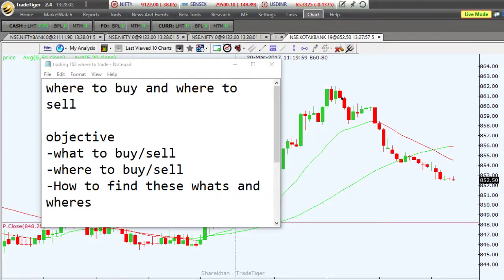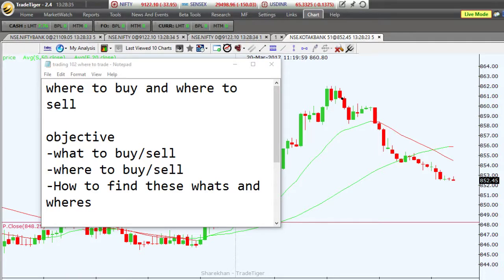And how can we fulfill these two objectives? The main important question is how we will determine these what and where. What is our method to find what we want to buy, and where we will buy or sell?